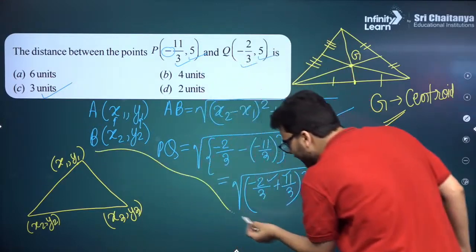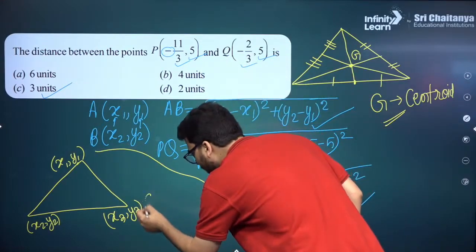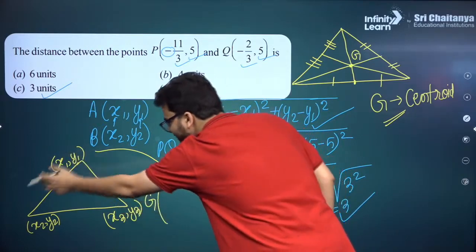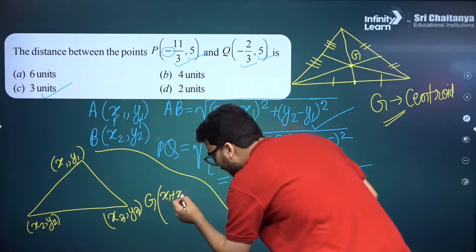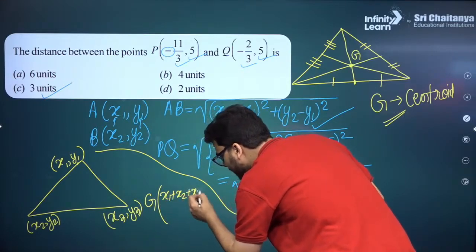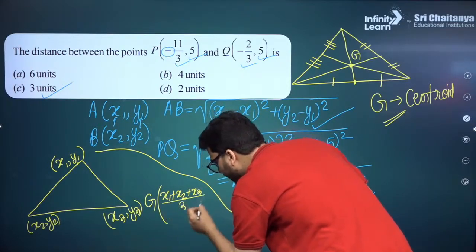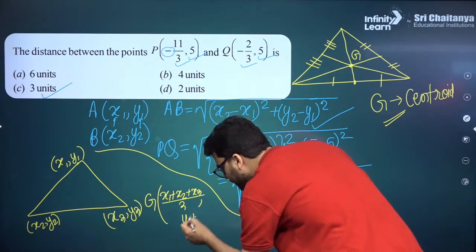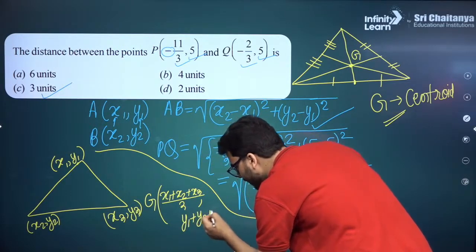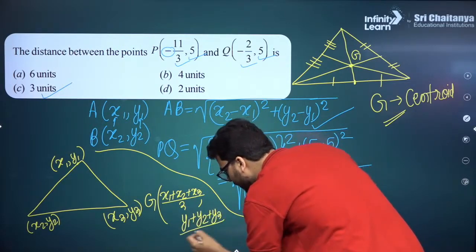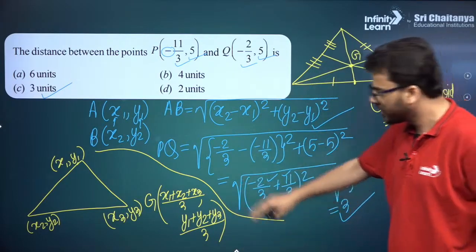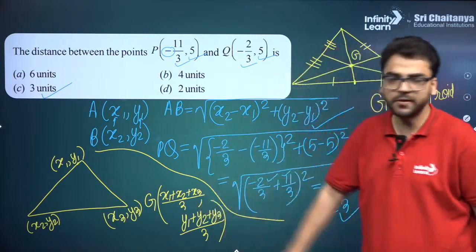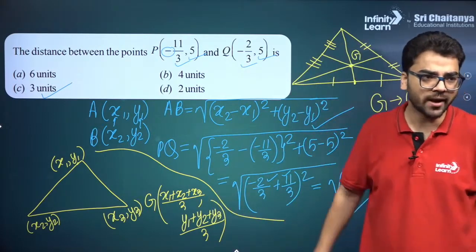It's a very simple formula, G. It is just the average of the coordinates of the vertices: x1 plus x2 plus x3 by 3, and y1 plus y2 plus y3 by 3. So this is the formula to find the coordinates of the centroid of any triangle.